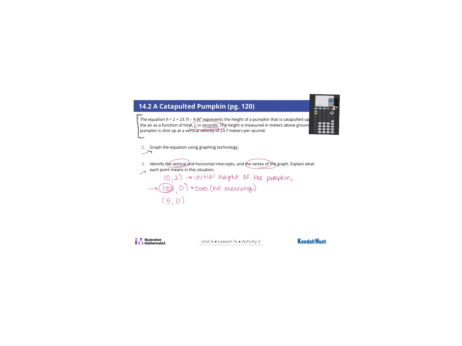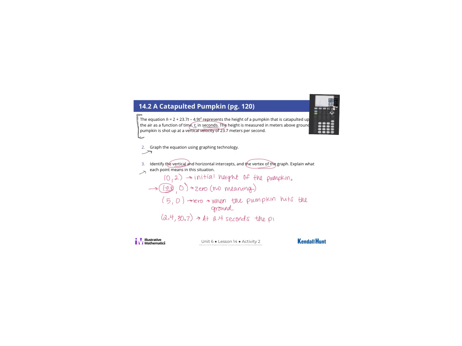But this next one is another 0, and this is when the pumpkin hits the ground. And then our last point that we need is our vertex, which we saw on our calculator, was at about 2.4 and 30.7. So this would be at 2.4 seconds.